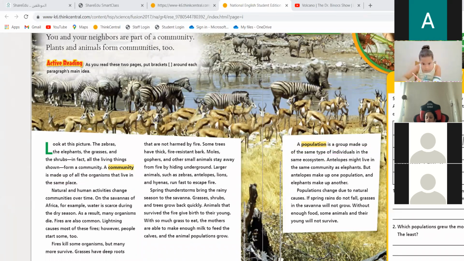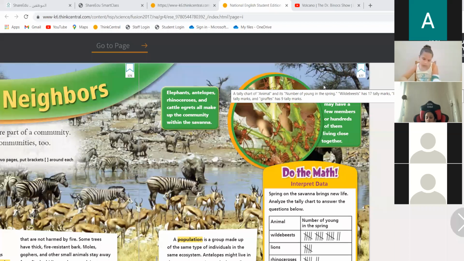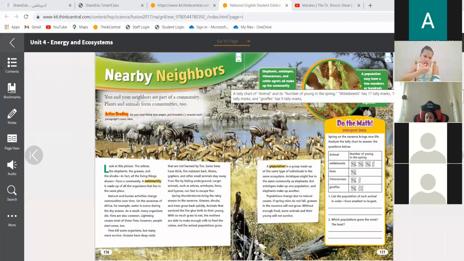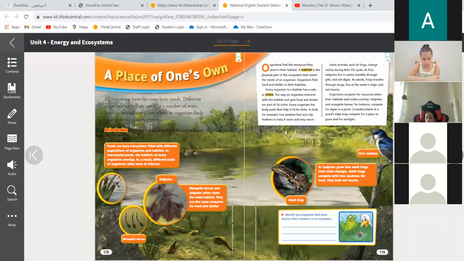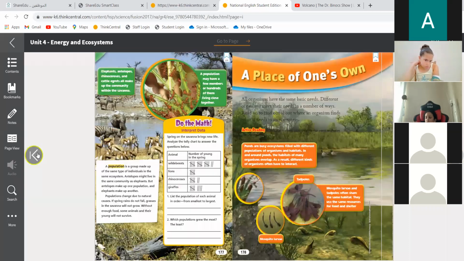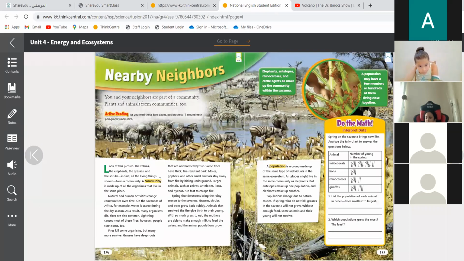Very good. So let's go to the next page and see what we have over there. Miss, do we underline all? Yes. It's only about what is a community, the name of the community, what does it mean, and what does a population mean?